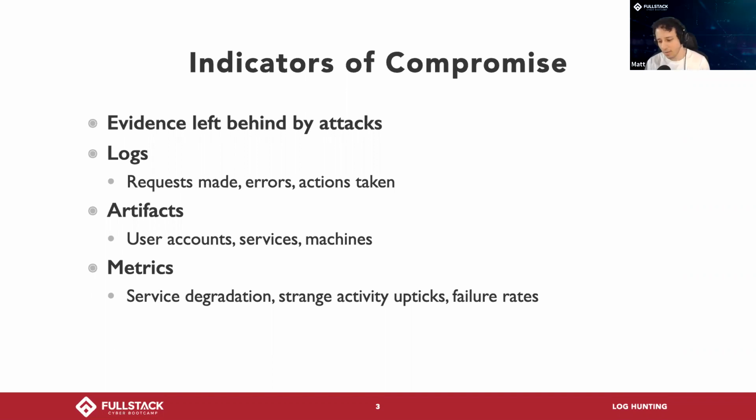So maybe we find out one APT, one group of threat actors, likes to use this particular service. Once they get an account or once they have a foothold on the machine, they like to install it so that they can get higher privileges. That might be why you'd be looking for software or services that are unauthorized.